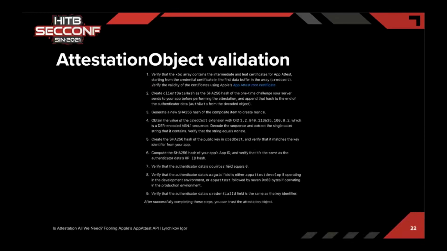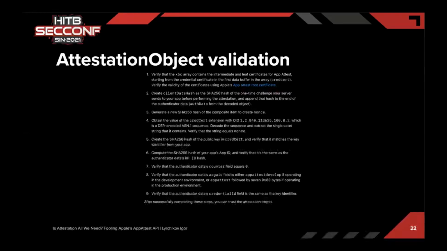Sorry for repeating myself. You can check the example of this decoded object at the end of step 3. And first, you need to verify the x5c value, that it contains the AppAttest root certificate, which is publicly available to be downloaded. You can find the link in the documentation.